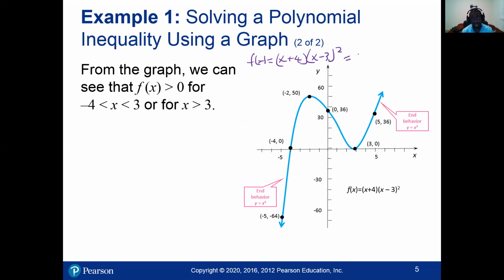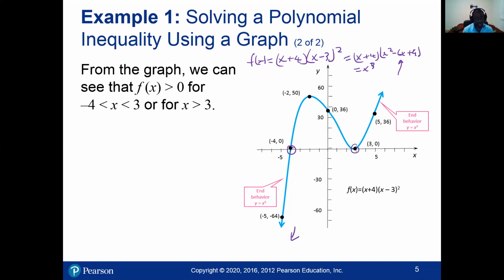We have x plus 4, and if you expand the other one, you have x squared minus 6x plus 9. And so this gives me x cubed. Talking about the end behavior, it's an odd function, so it's going to rise up on one side and fall on the other. Now the zeros, the x-intercepts, are -4 and 3.